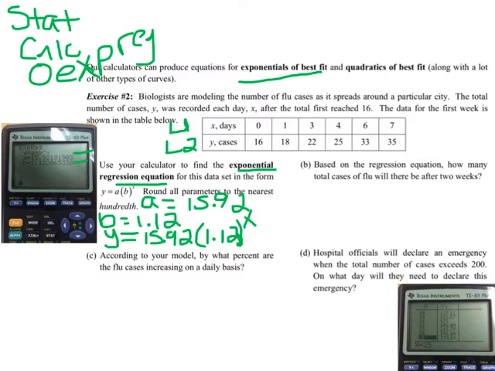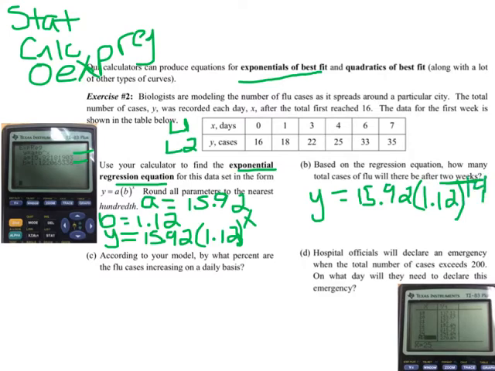Based on the regression equation, how many total cases of flu will there be after 2 weeks? Well, one of the key parts there is understanding 2 weeks. 2 weeks is equivalent to 14 days. So I want to plug into my calculator Y equals 15.92 times 1.12 raised to the 14th power.